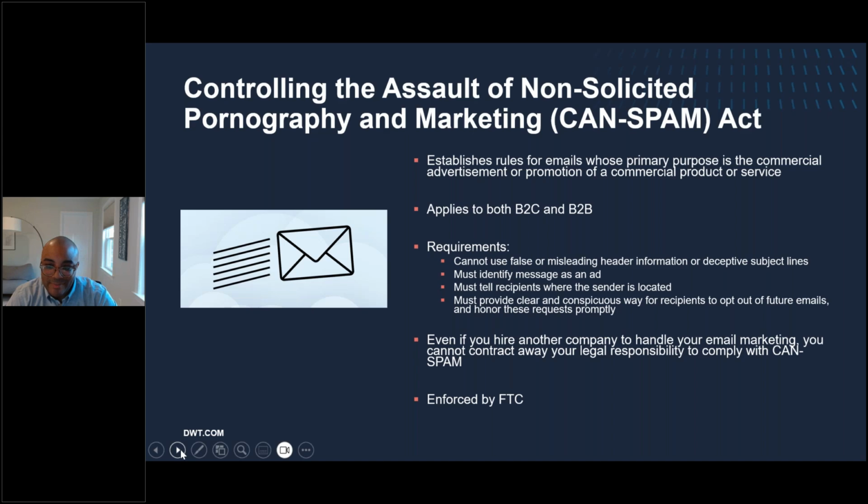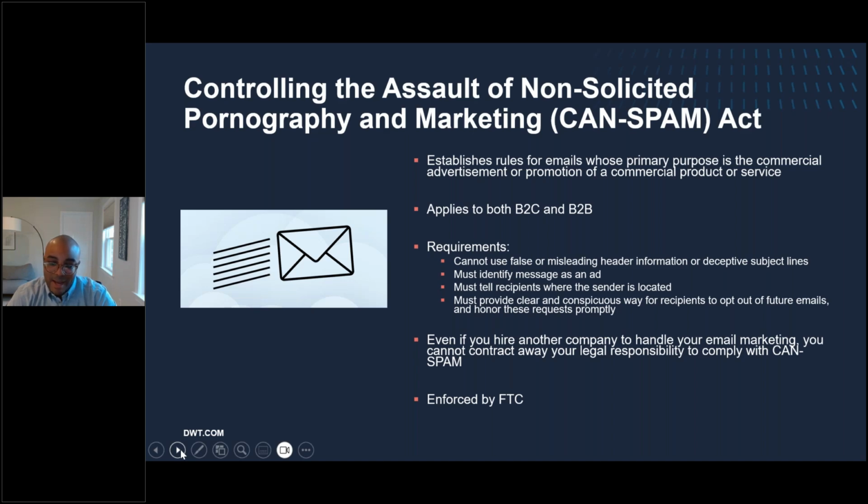Another act that is often relevant is somewhat wordy, Controlling the Assault of Non-Solicited Pornography and Marketing Act, more commonly referred to as CAN-SPAM. I think they likely thought of the acronym and tried to create a backronym here. But the purpose of CAN-SPAM is to regulate commercial emails, so emails that have a primary purpose of commercial advertising or promotion, to ensure that people's privacy is respected.